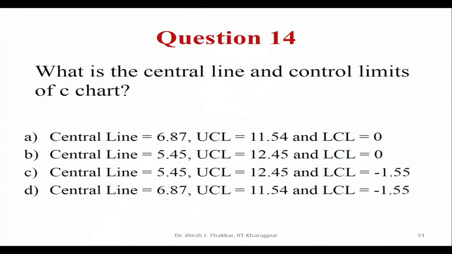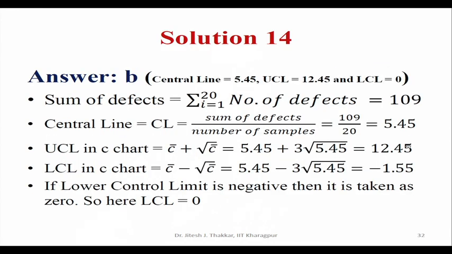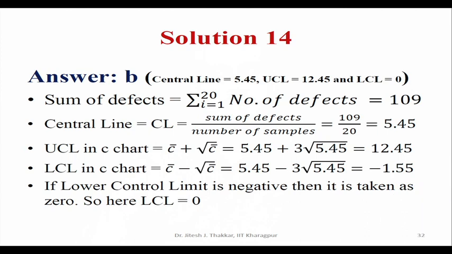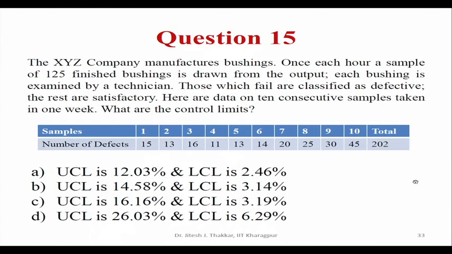The various options are here, the computation follows. The correct answer is B. UCL in a C chart is C bar plus 3 square root of C bar and LCL is C bar minus 3 square root of C bar. So, this comes out to be 12.45 and minus 1.55, and the central line is 5.45. Obviously, we do not accept the negative control limit LCL, hence it is taken as 0.